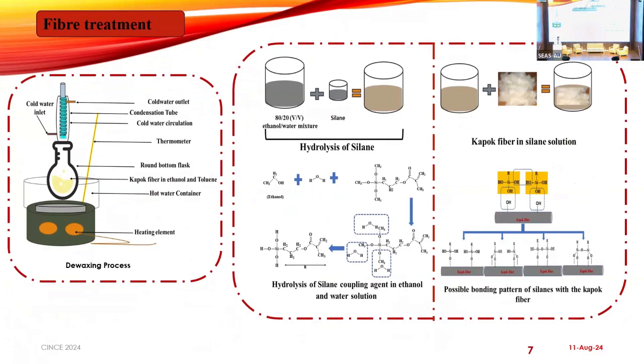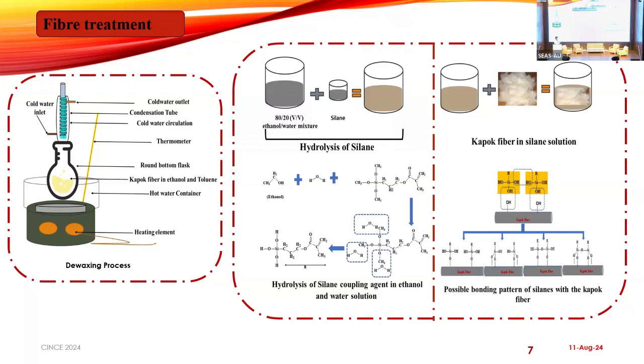As you know, cellulosic fibers are hydrophilic in nature and epoxy is hydrophobic in nature. So the carbon-containing side, which is hydrophobic, will react with the epoxide groups of the epoxy, and the OH group, which is hydrophilic, will react with the fiber.